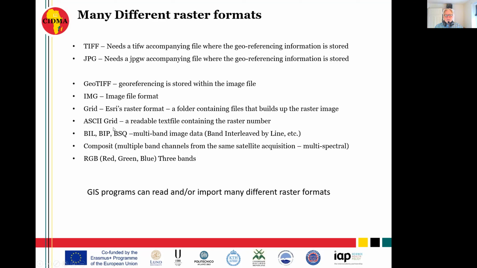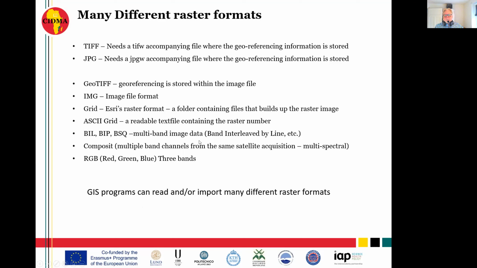It can also be interleaved by pixel, a BIP file. Then we have one pixel value, and then the next pixel value contains the reflectance in the next wavelength band, and so on. Or it can be a BSQ file.